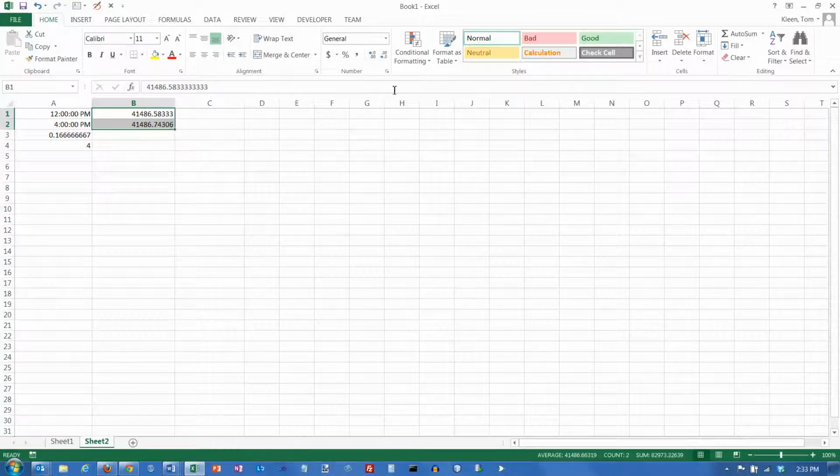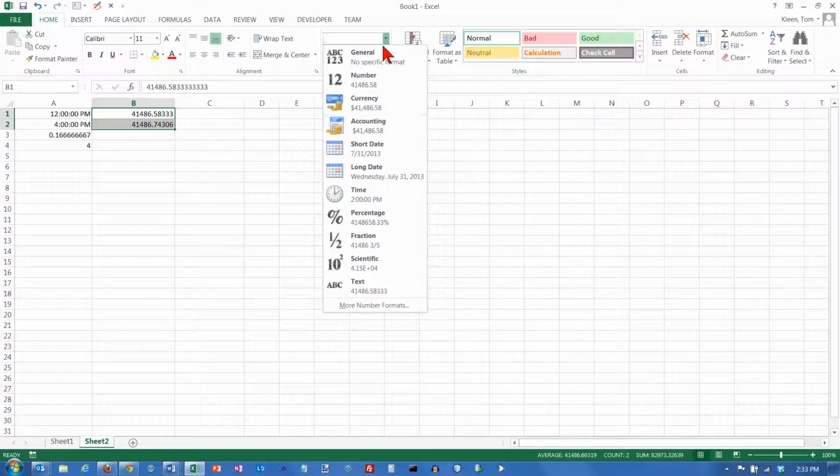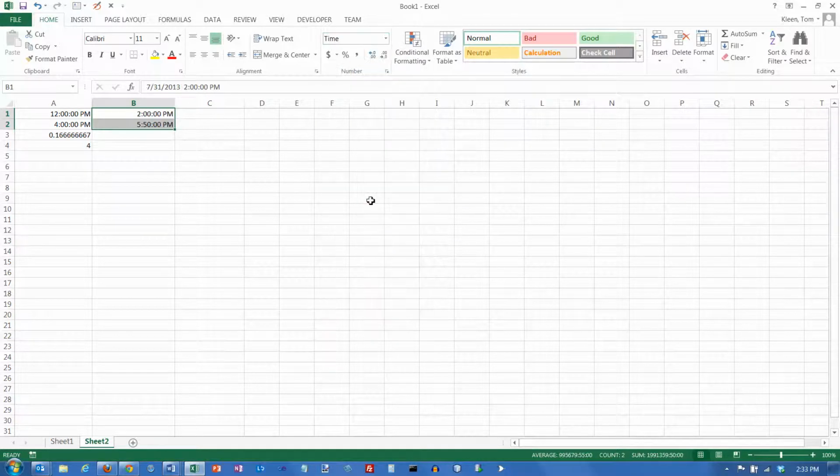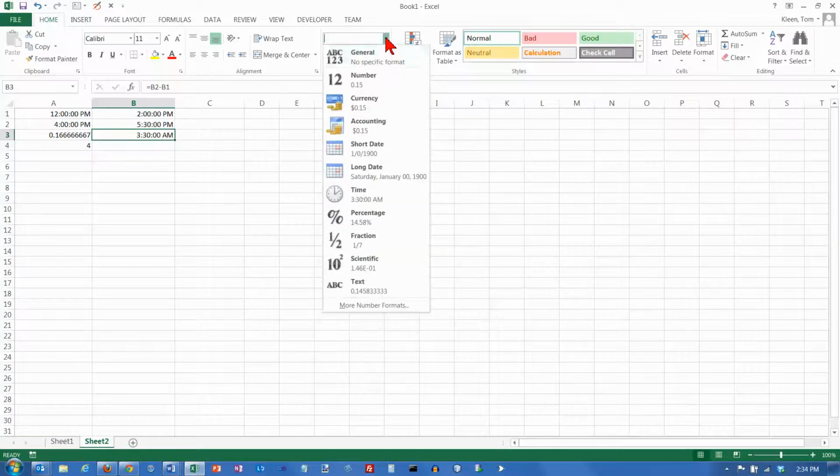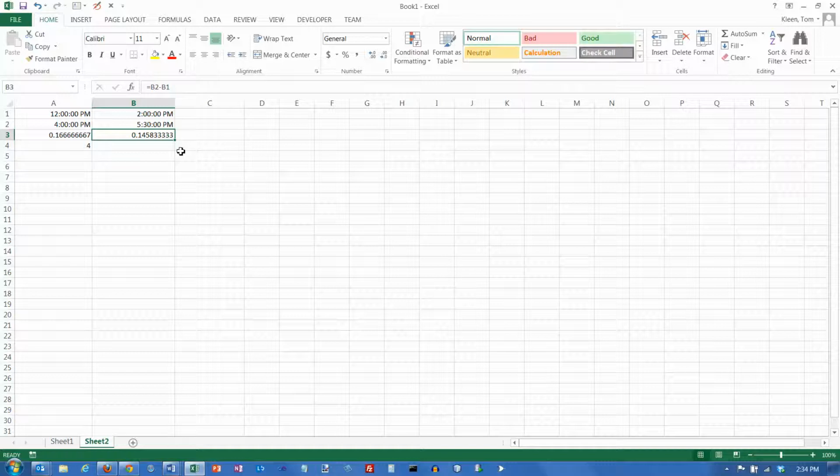And now let's go back here and let's format those as times. And you know what, I am going to change this one to 5:30. Okay, and that should be 3.5 hours. So let's compute the elapsed time here. Take the bigger number minus the smaller number, and again, it's formatting that as a time for us when I want it formatted as a general.